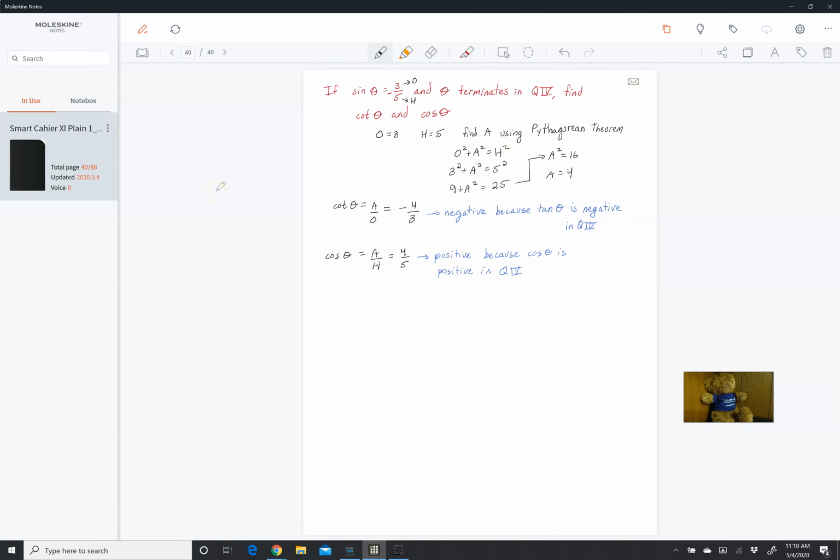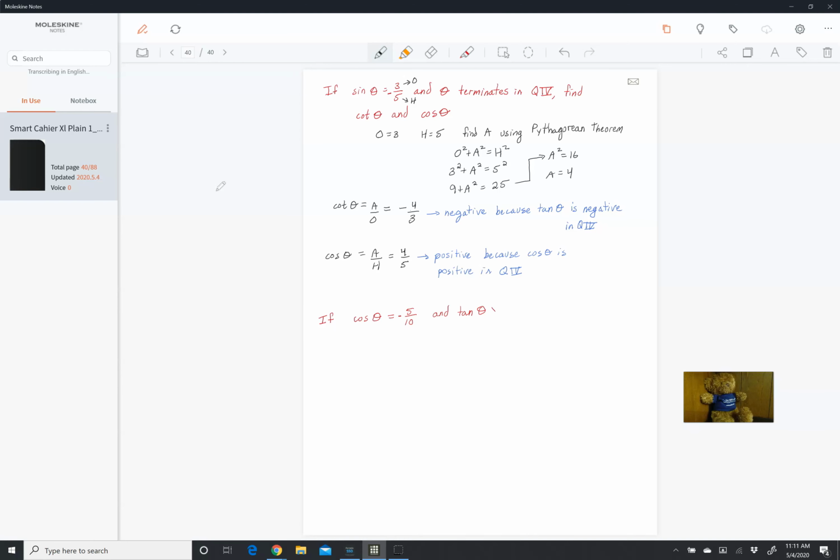Let's say the cosine of theta is equal to 5 over 10, and tangent of theta, let's make this negative 5 over 10.